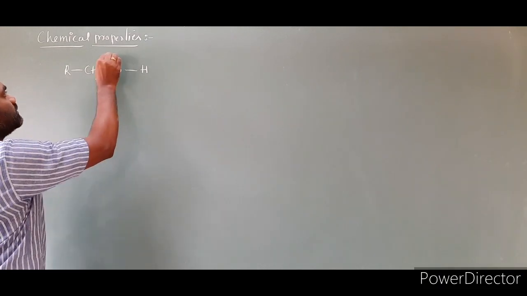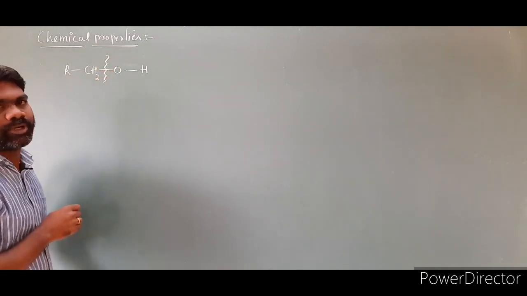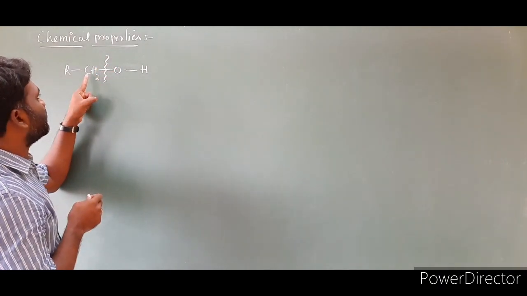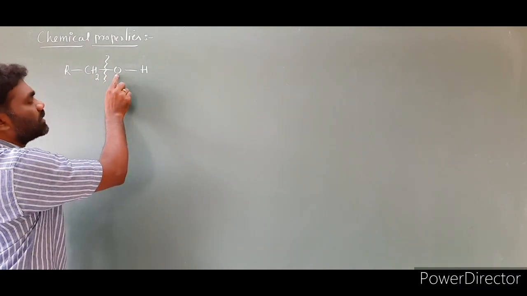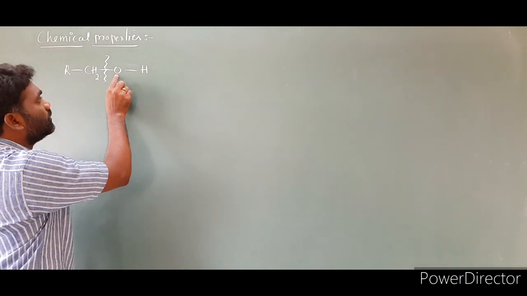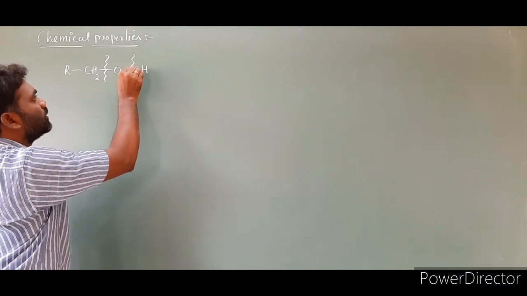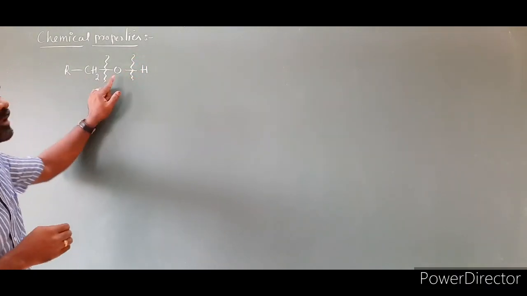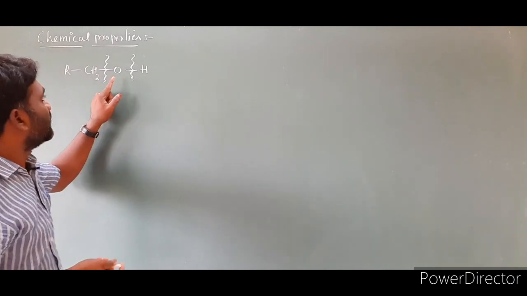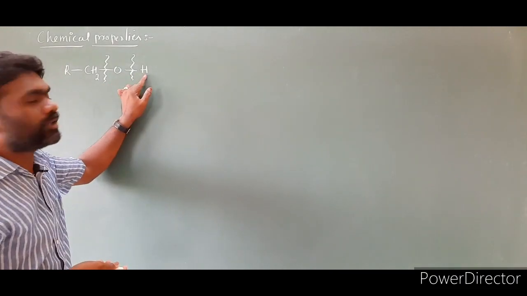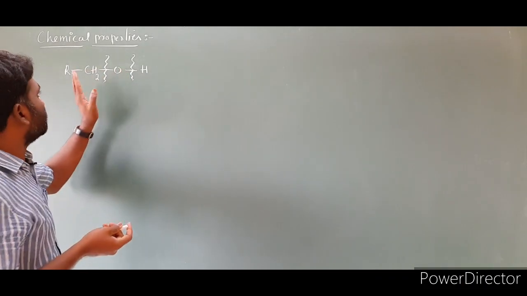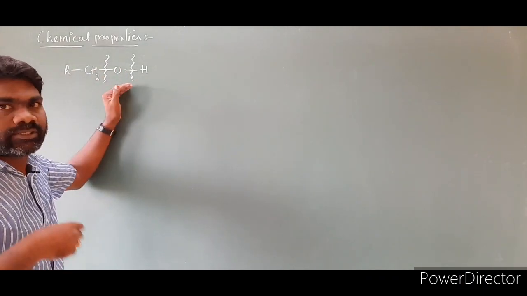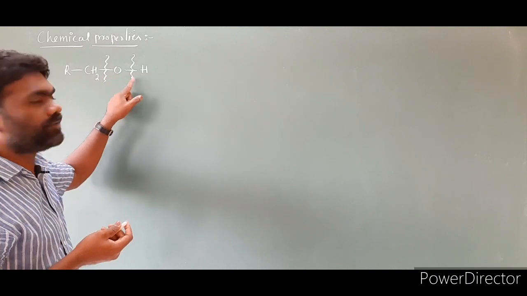If this bond is broken, it will give one type of product. The second possibility is cleavage of the oxygen-hydrogen bond. If the oxygen-hydrogen bond is broken, it gives another type of product. So we divide the reactions of alcohols into two types on the basis of cleavage.